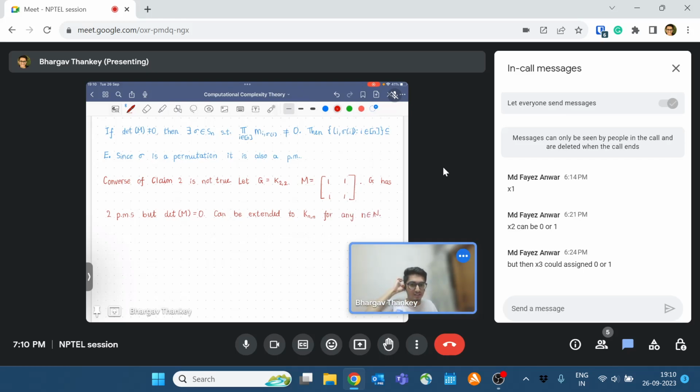So if you took the adjacency matrix, computed its determinant, and obtained a non-zero value, then you can say that there is a perfect matching. But if you got a zero value, you cannot say that there is no perfect matching.